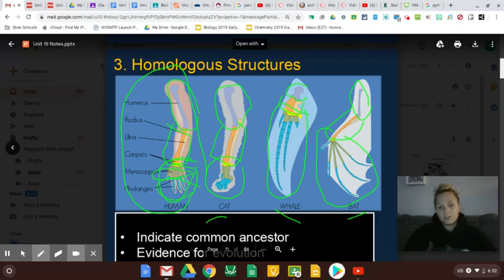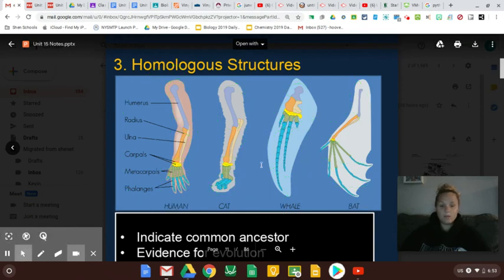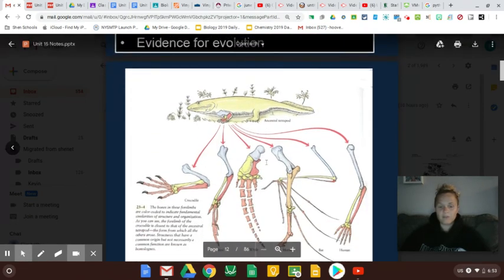And so do cats. They have these little bones, these little bones, and these little bones. And then so do whales, and so do bats. So we all kind of have the same series of bones in the same order, again indicating that we may all be related and evolved from a common ancestor.